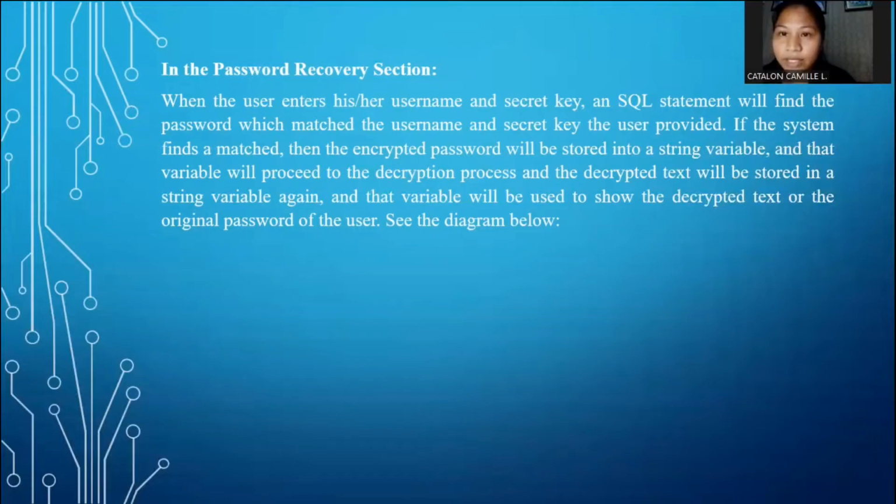If the system finds a match, then the encrypted password will be stored into a string variable, and that variable will proceed to the decryption process, and the decrypted text will be stored in a string variable again. And that variable will be used to show the decrypted text, or the original password of the user. See the diagram below.